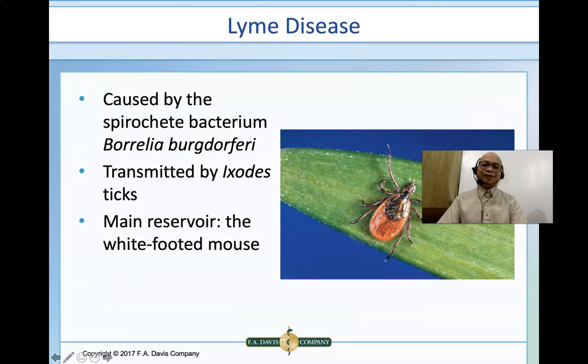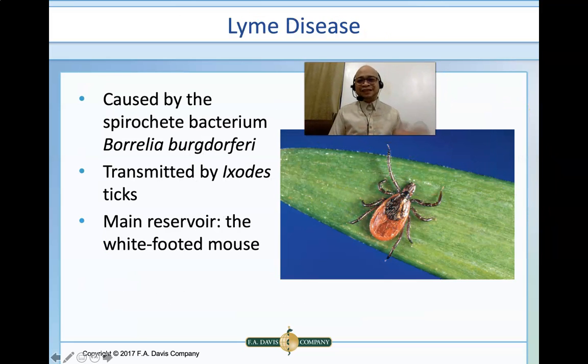Okay, the ones that are not really popular in the Philippines are the succeeding spirochete diseases that I will be discussing. We have here Lyme disease, caused by the spirochete Borrelia burgdorferi, and of course it is a vector-transmitted infection. It is transmitted by the bite of the Ixodes tick.